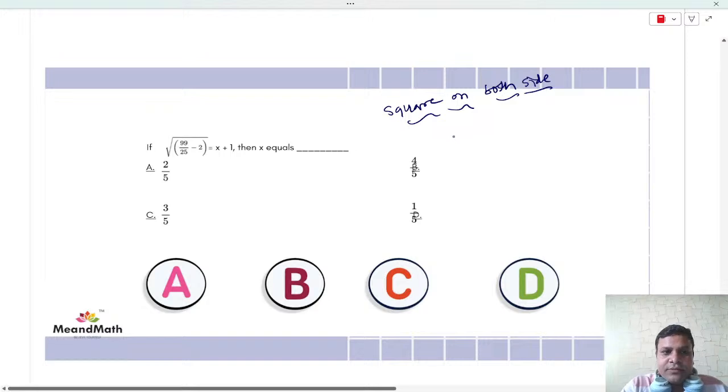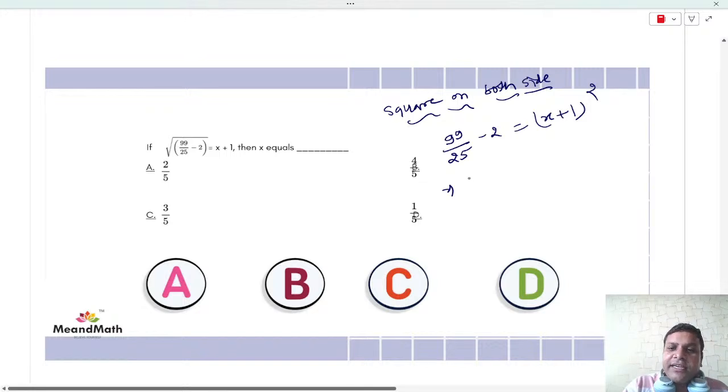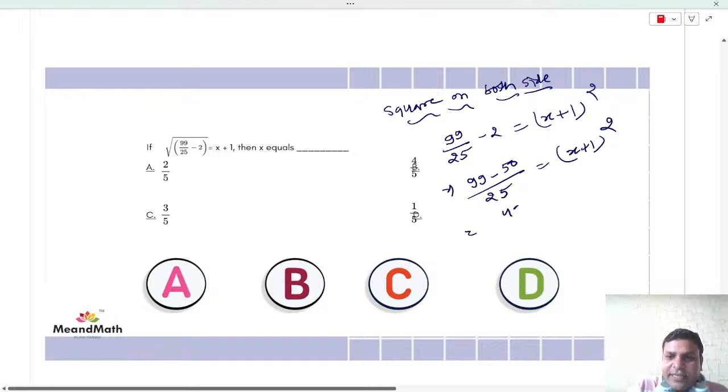So 99 upon 25 minus 2 is equal to x plus 1 whole square. If you want to simplify it, 99 minus 50 upon 25 is equal to x plus 1 whole square. Right hand side as it is. This is 49 upon 25 is equal to x plus 1 whole square.